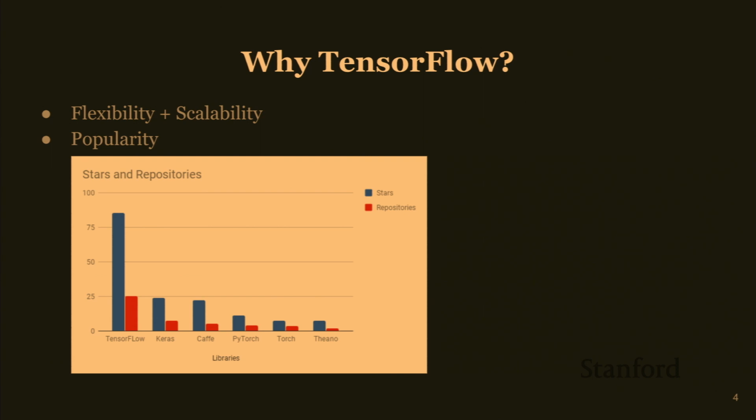For flexibility, when doing research you would like to create something very novel, and you would like a framework with structures, functions and classes that allow you to combine them in a novel way to create new things. Scalability is when you work in production, you would like to be able to deploy to many different GPUs or a data center.